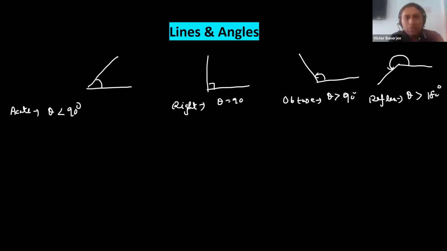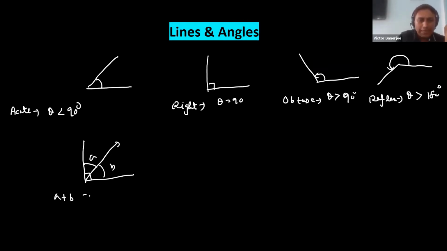Done. Now, for example, suppose this is 90 degree, and there is another line here. This angle is A and this angle is B, so A plus B is 90 degree. When the sum of two angles is 90 degree, what are they called?